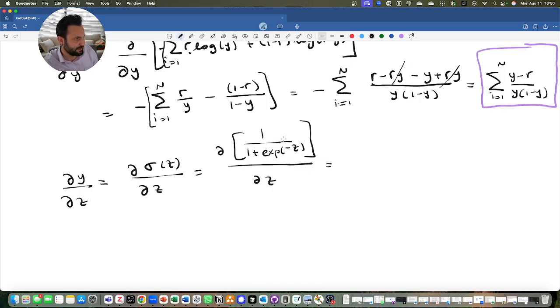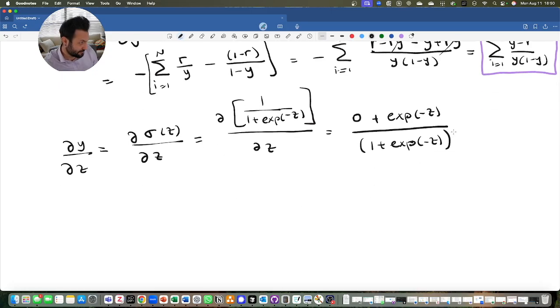So if I take the derivative of the top, which is 0, times whatever, minus the bottom, the derivative of the bottom, which is exponential negative z, but the derivative of this makes this one 0 and makes this one positive, divided by the square of the bottom part, (1 plus exponential negative z) squared.